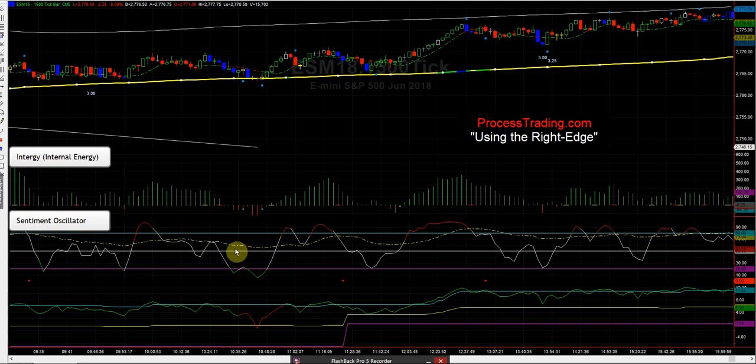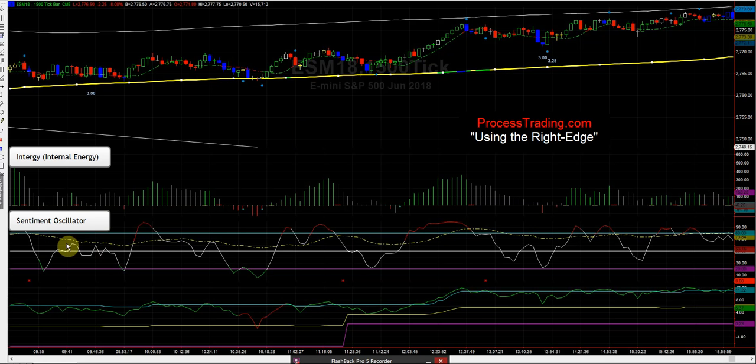Now, within the sentiment oscillator, the structure or the placement of the sentiment line, as well as the slope of it within the oscillator, is also very useful information. As you see here, this was a trending day, and price didn't break support, and eventually trended upwards.